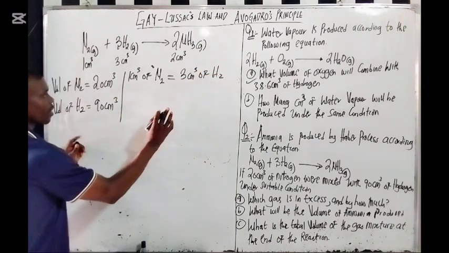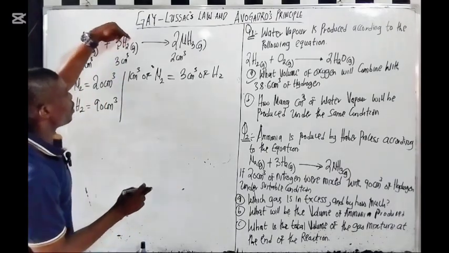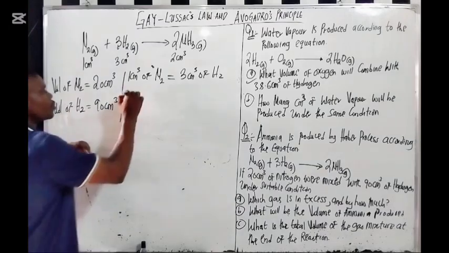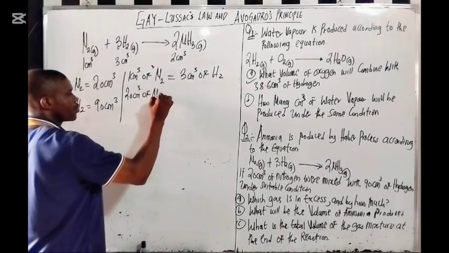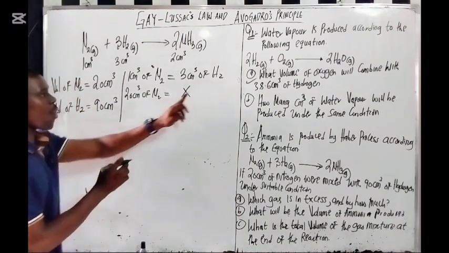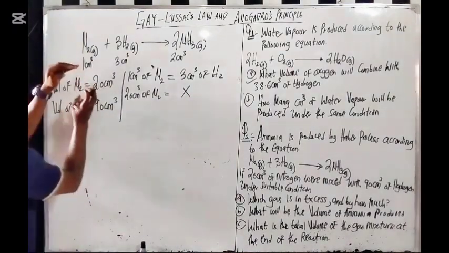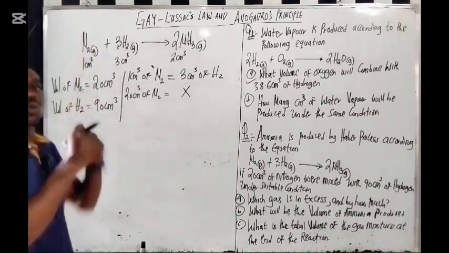Is it clear? Now you want to calculate the volume that actually reacted with 20 cm³. So 20 cm³ of N2 equals X. Why do we put X here? When 20 cm³ of N2 reacts, what amount of this gas actually reacted?